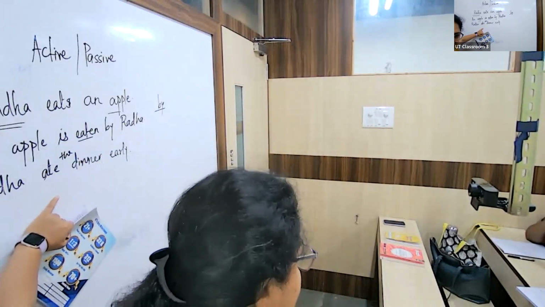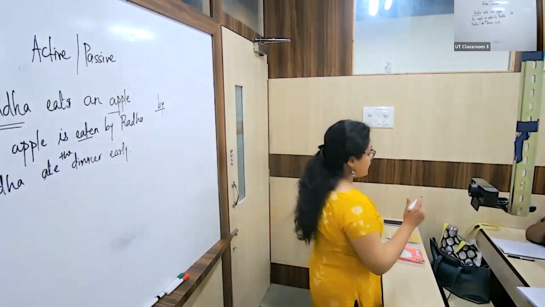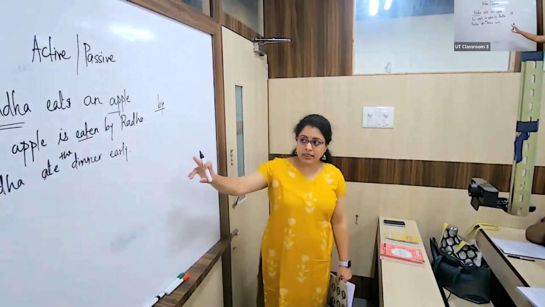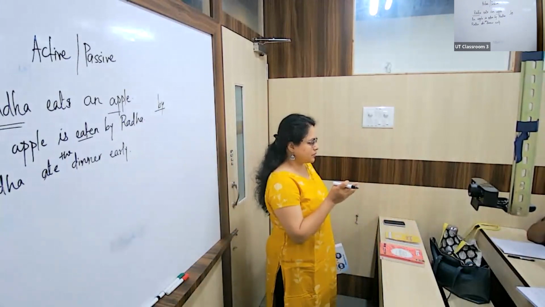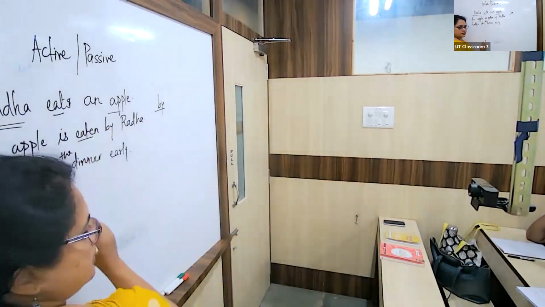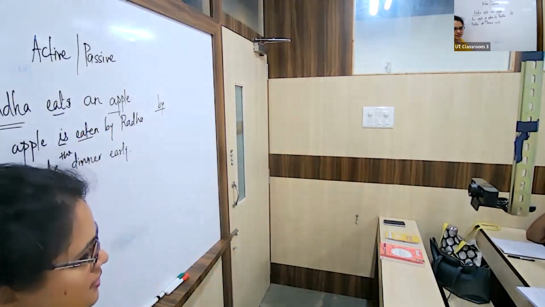Because the sentence is past tense. और एक बात, passive voice में जब हम change करते हैं तभी we always add a helping verb. Here when the sentence is in present tense, we have used is.